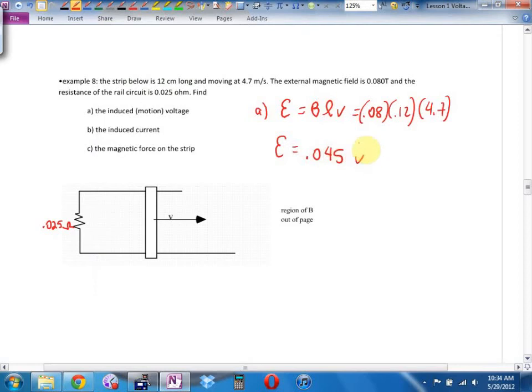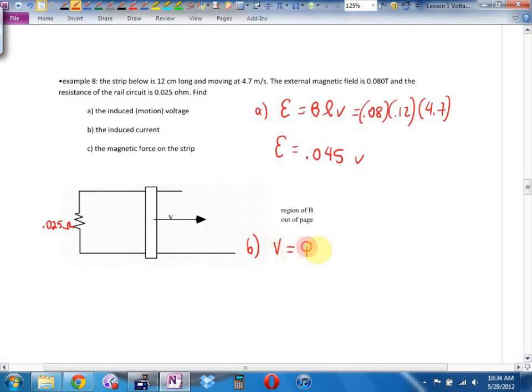How much current? Well, let's see. Do I know the voltage? Yeah. Do I know the total resistance? Yeah. Oh, hey, this is great review from last unit. How can I find current if I know voltage and resistance? Ohm's law.